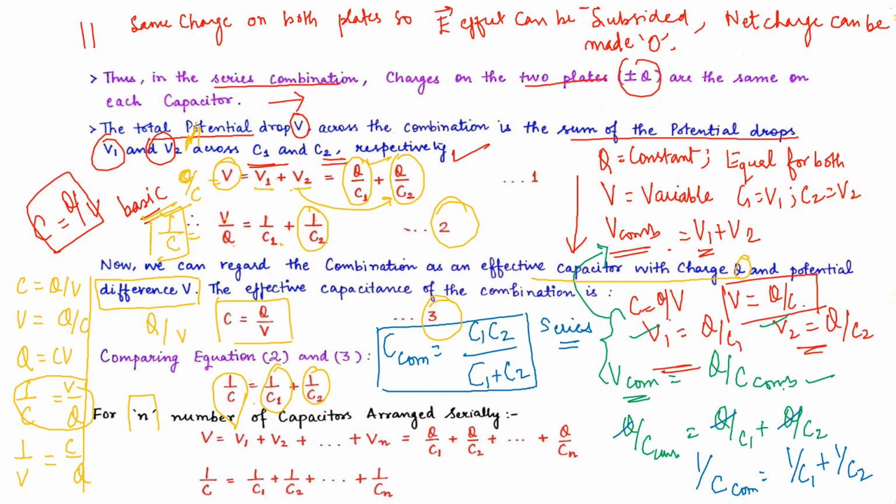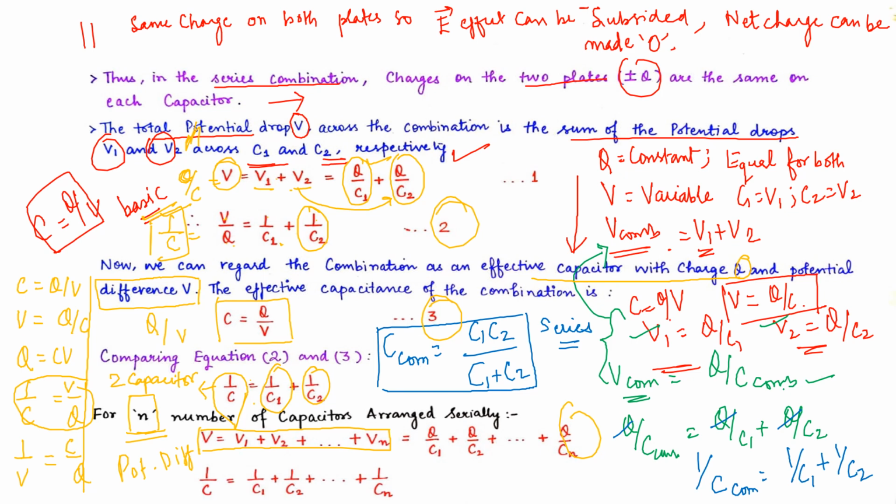This is for 2 capacitors. Now we are having n number of capacitors. We don't know how many we are having; we can have 2, 3, 4, 5, 10,000, anything. So for any number, first of all we will define the potential difference. This potential difference has the value Q upon C1 plus Q upon C2 and so on till Q upon Cn.